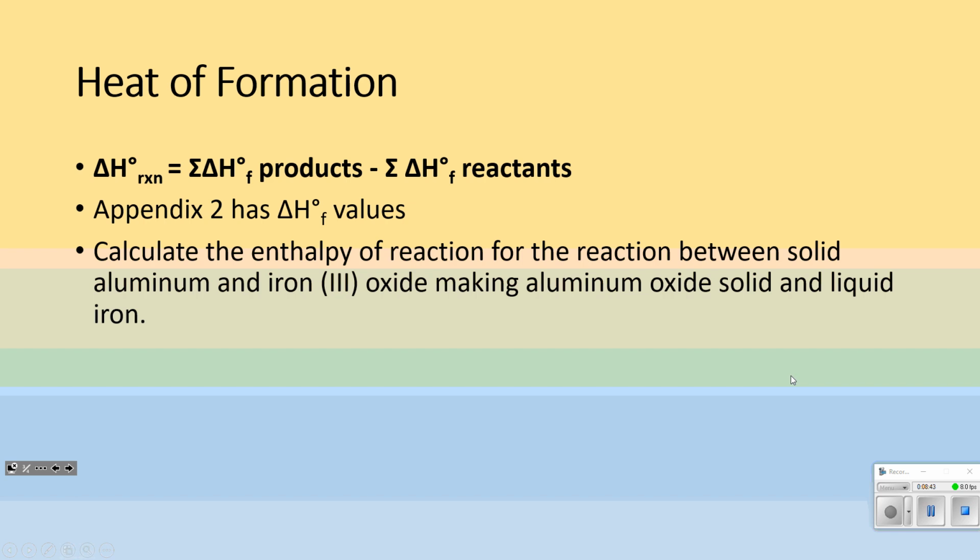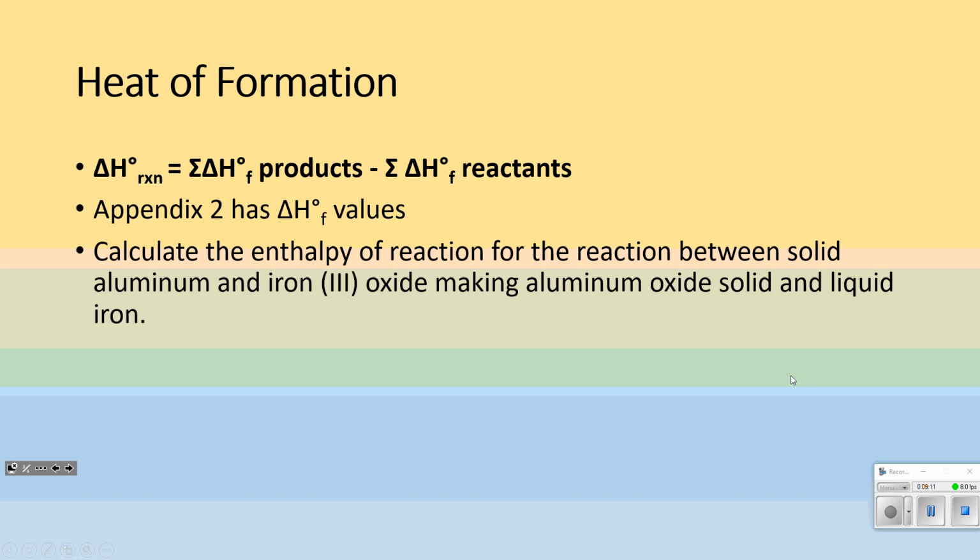Like the last thing, I want to give you one sample problem here. Actually, there's two different parts I'm going to give you with this to wrap up notes. Calculate the enthalpy of reaction between solid aluminum and iron(III) oxide. Now, again, how do I know which one to use? They would give you delta H of Al equals, delta H of Fe2O3 equals.